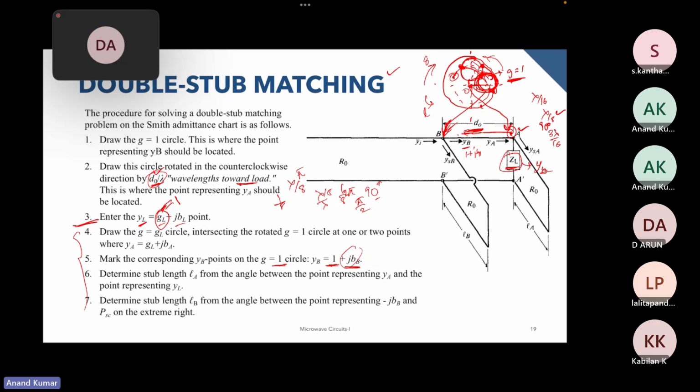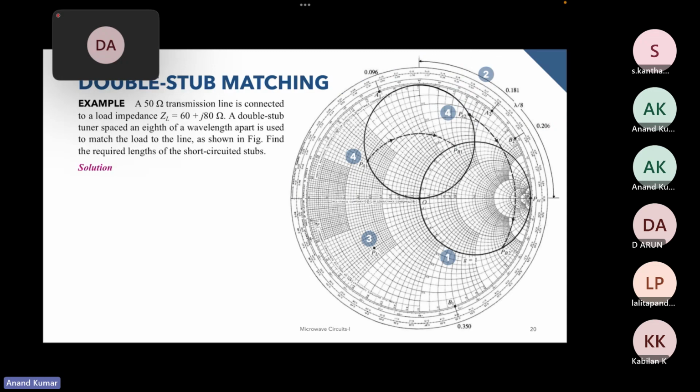So maybe I'll start with the example, and then give you some time to understand. We have a problem where the transmission line's characteristic impedance is 50 ohms, and we have a load impedance of 60 plus j80 ohms, and we have to use a double stub tuner spaced an eighth of a wavelength apart.